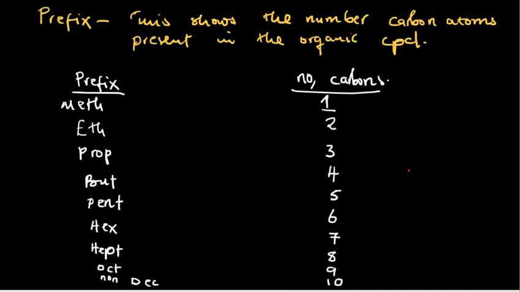And then we also have one important part of the name that we call the suffix. We said this shows the ending of the name, but what does it show?